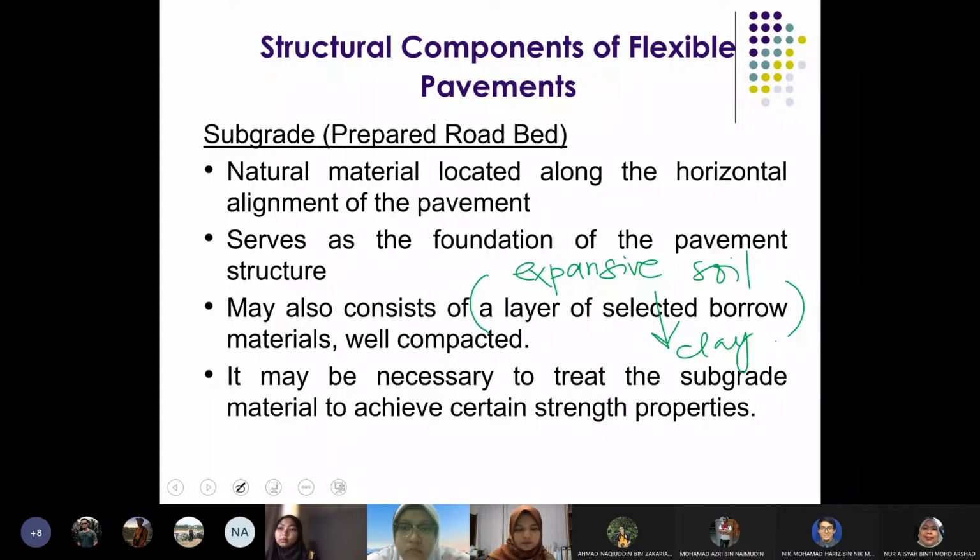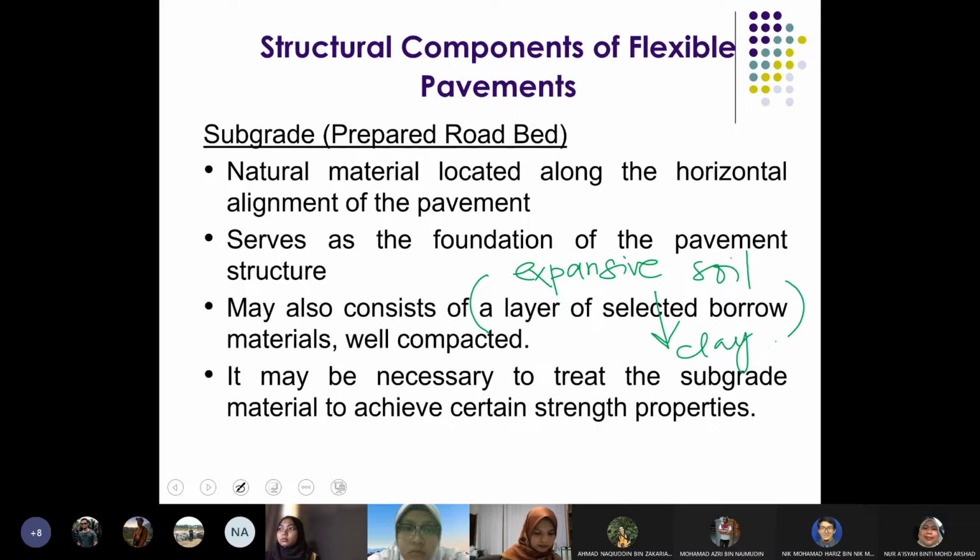You need labor. Labor is very extensive, because you need to bring it to the place, spread it, do layering by layering, use machineries, and then compact again, so it becomes double the work, right? So it is less economical when you do this.